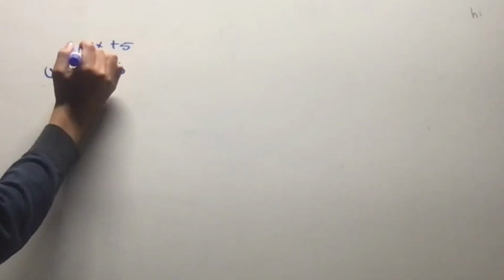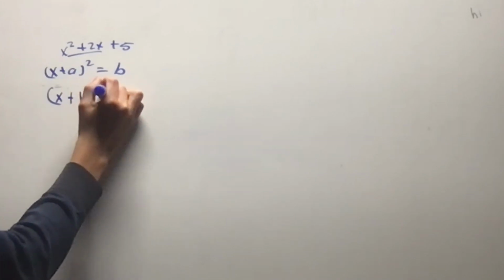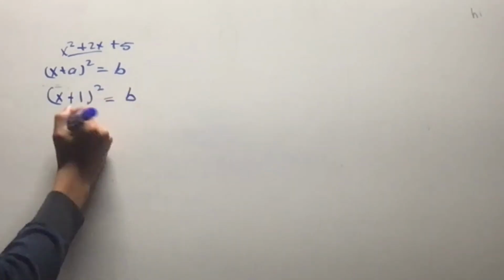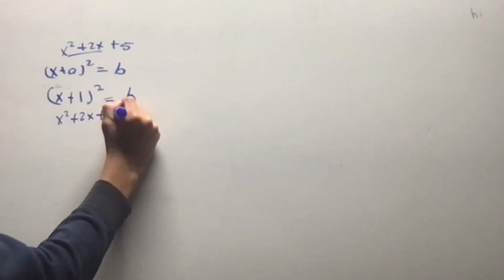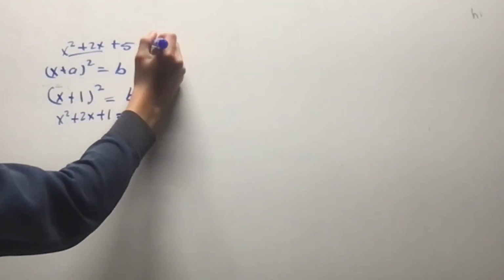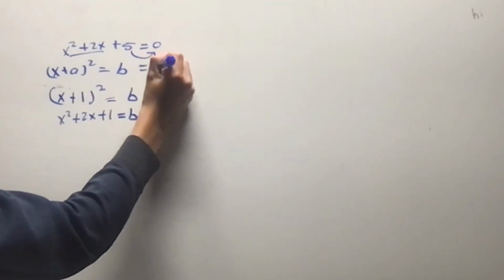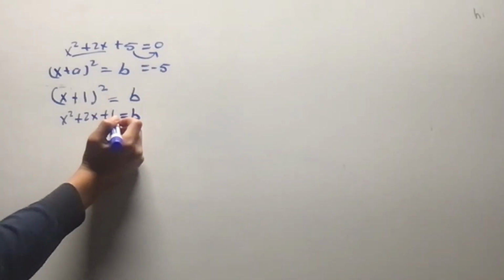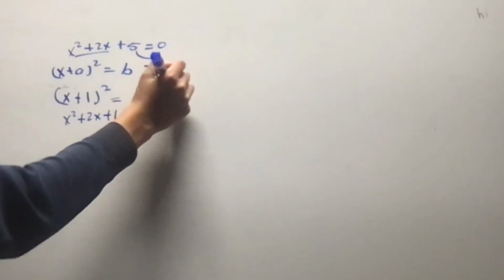We can try to factor this top part as x plus 1 squared equals b, but then this would be x squared plus 2x plus 1 equals b. Initially, we can set this to 0 and move the 5 to the other side, which equals -5, because likewise, this should be equal to this equation at the top.